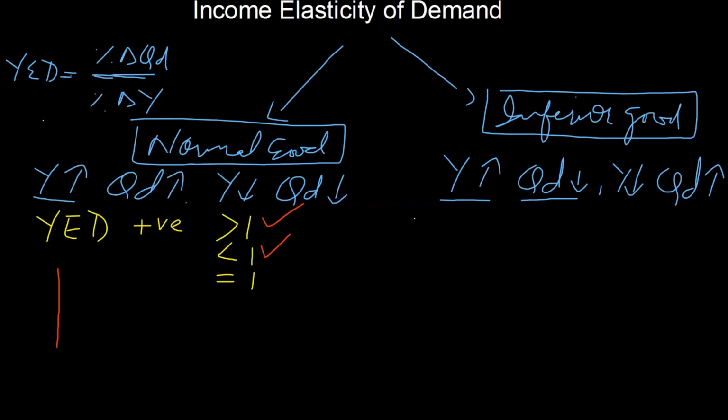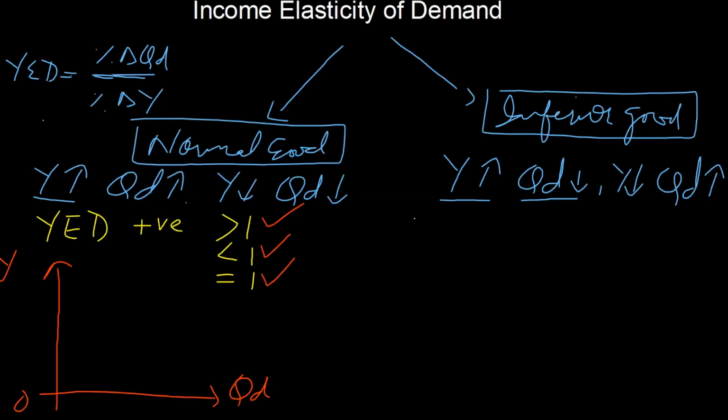Okay, the next thing is, what will be the shape of the ICC, income consumption curve, when income elasticity of demand is equal to +1. We will draw the graph, showing quantity demand on X and income on Y. Whenever elasticity of demand is equal to 1, it shows that there will be a proportionate change in quantity demand with every change in income.